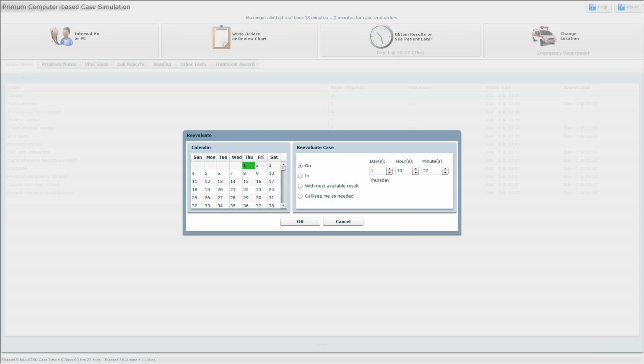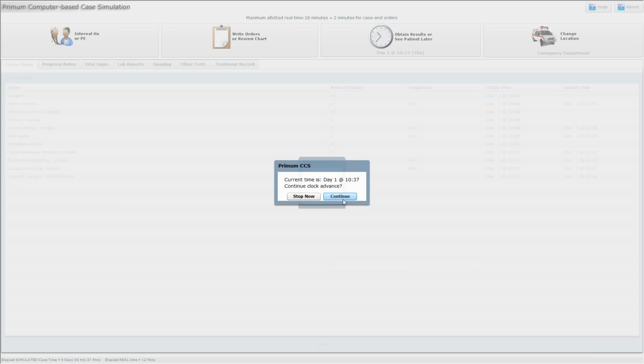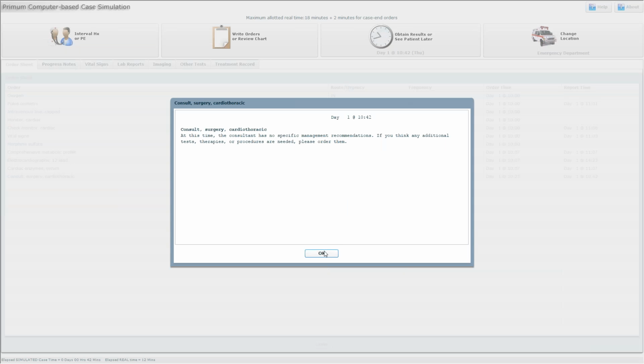So let's advance the clock and find out. The thoracic surgeon is saying he has no recommendations. Really? The patient is in pain. He's calling no recommendations. Why? Is he not a good consultant? No, that's not what it is.